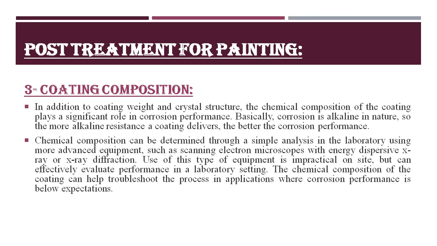Chemical composition can be determined through a simple analysis in laboratory using more advanced equipment such as scanning electron microscope with energy dispersive X-ray or X-ray diffraction. Use of this type of equipment is impractical on site but can effectively evaluate performance in a laboratory setting. The chemical composition of coating can help troubleshoot the process in applications where corrosion performance is below expectations.